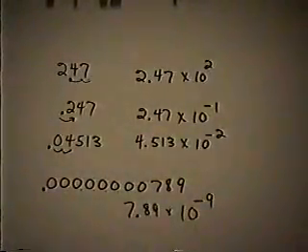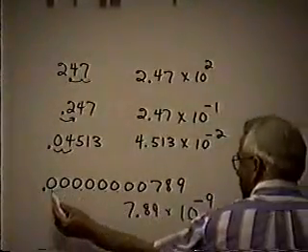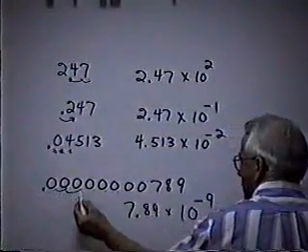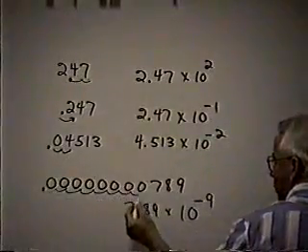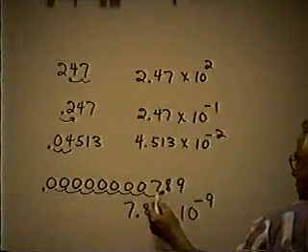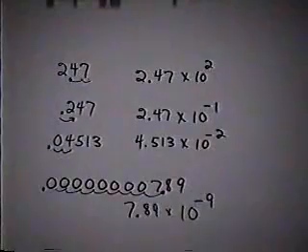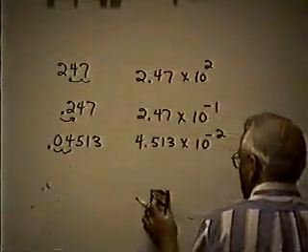Be careful on one like that, to make sure you count. Start here and just count over until you get behind the first non-zero digit.